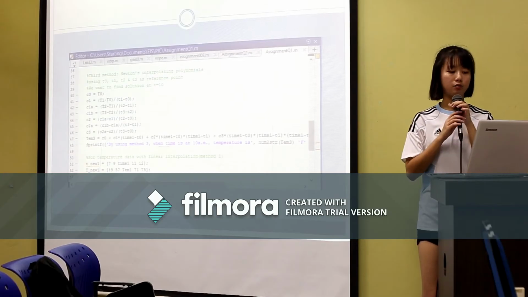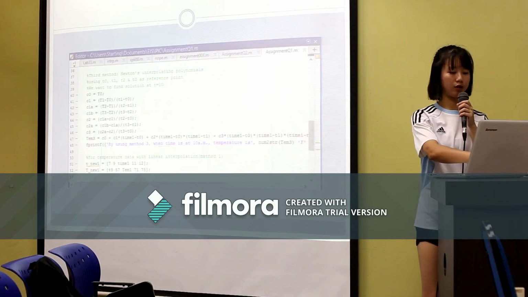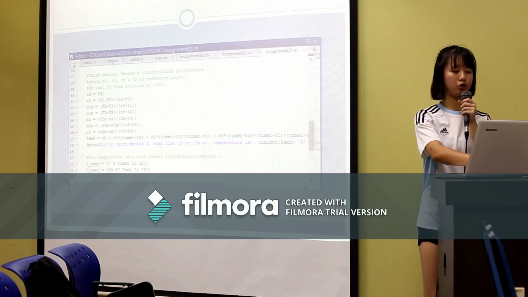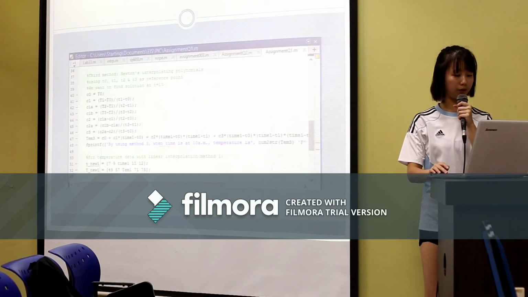So 10 am is time 1 in our file, so we just insert time 1, then 11, 12, then for the temperature underscore new one is 49, 57, and same for temperature 1, 71 and 75.